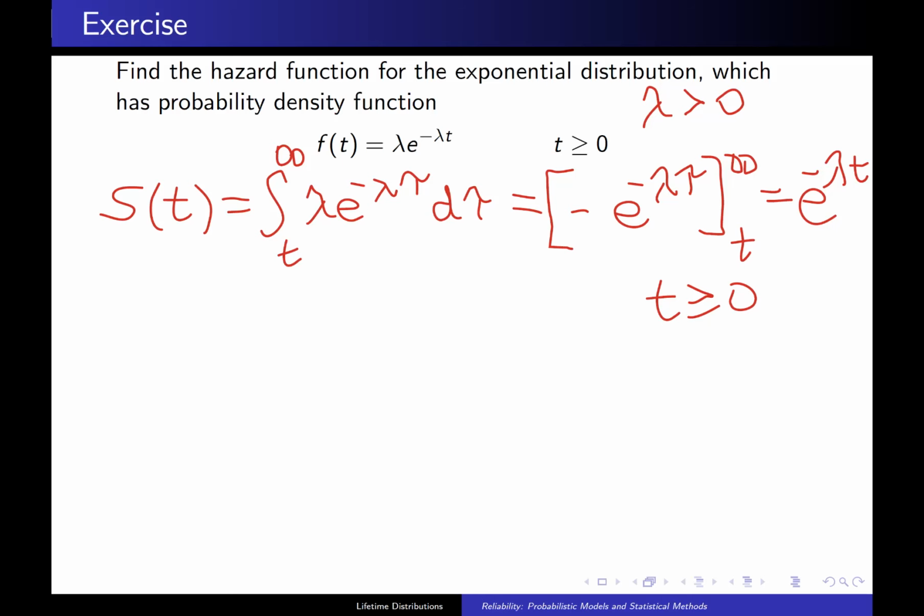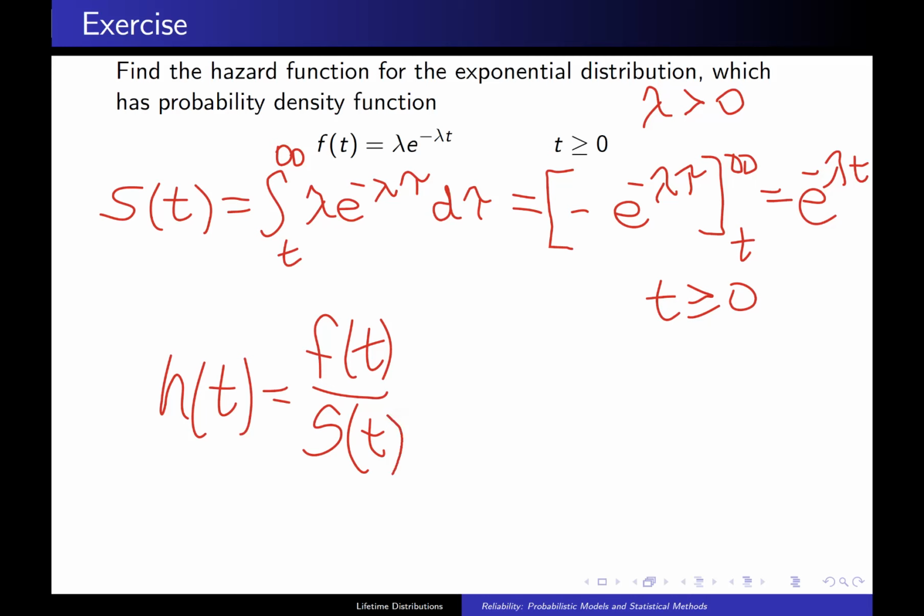Finally, the last step is to find the hazard function. And here is the hazard function for the exponential distribution. It is the ratio of the probability density function to the survivor function. The probability density function is given in the problem. It is lambda e to the minus lambda t.